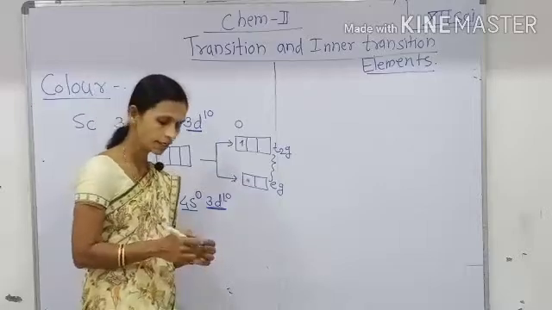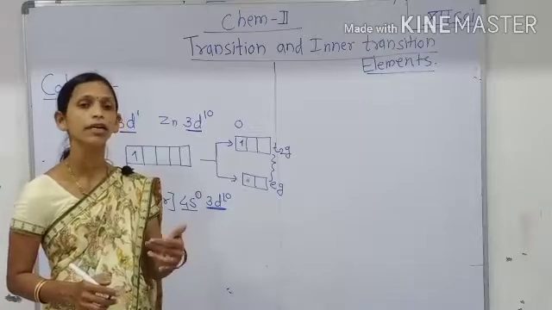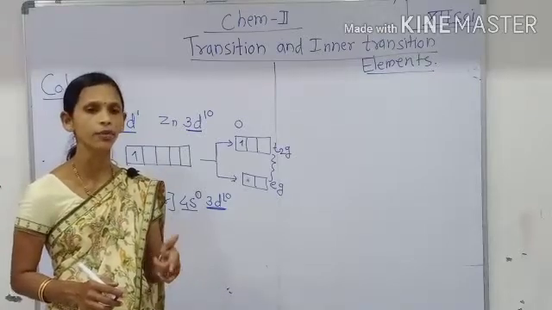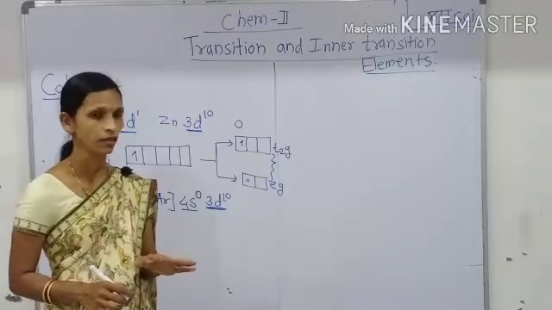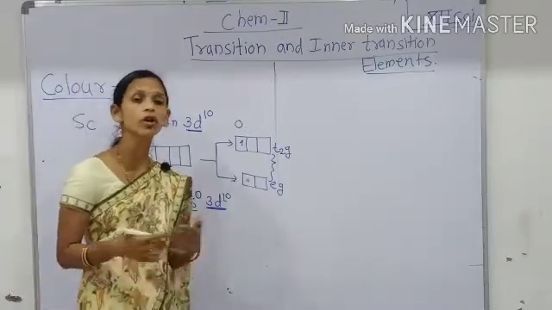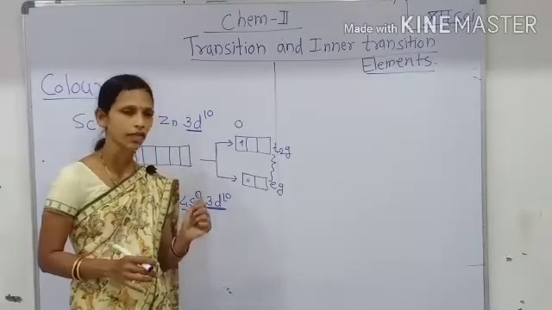That means we can determine the color of transition elements depending upon the number of unpaired electrons present in the (n-1)d orbital. Then there are a few more reasons for the color of the transition metals, which we will discuss.